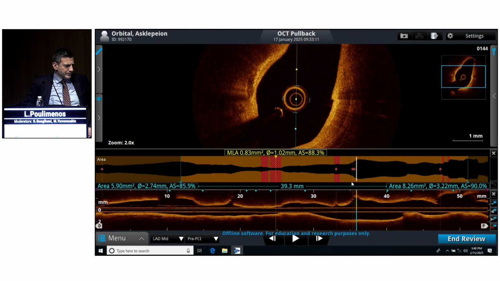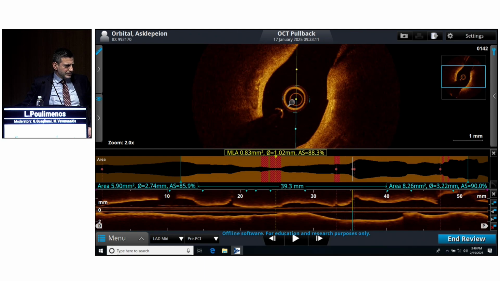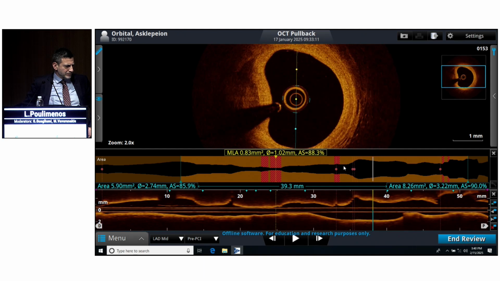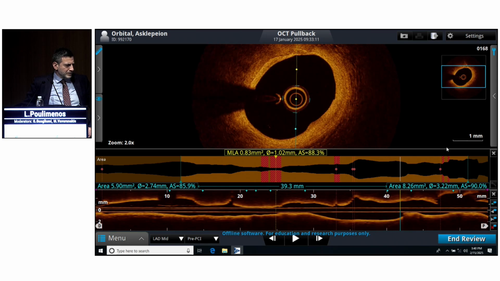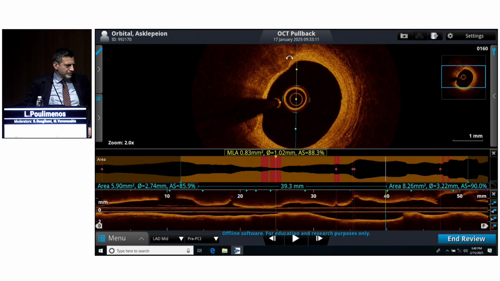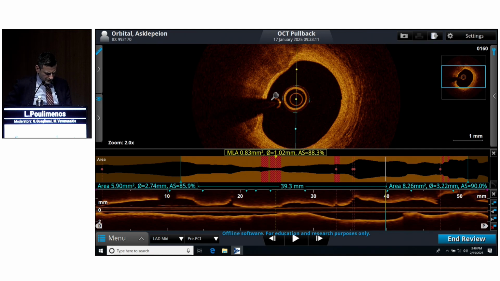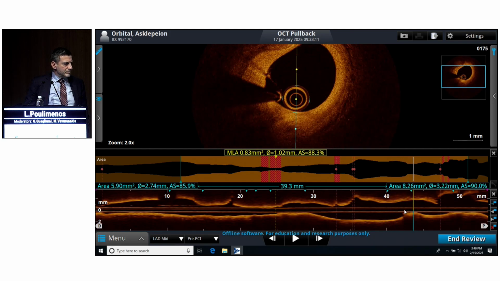So there was some calcification. Here you can see it was not really superficial, and there was this small protrusion in the calcification in the distal portion. And here, proximally, you can see much more calcium at this level, but the lumen is very wide. At this point, the lumen area is 6 millimeters square, and you have 3.05 in terms of diameter. And then you can go back.